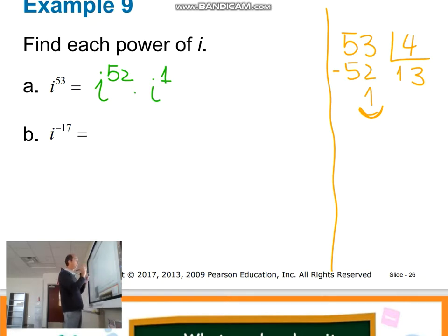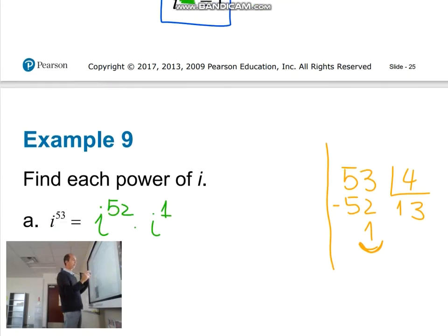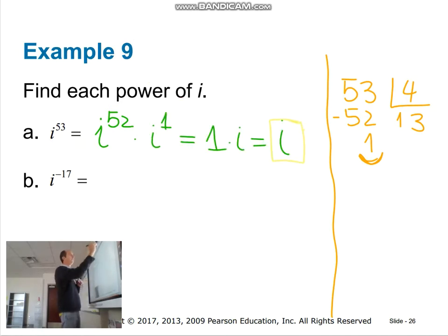And we remember this: if the exponent is a multiple of 4, it's going to be equal to 1. So i exponent 52 is 1. And i exponent 1 is just i. The answer is i. Okay?